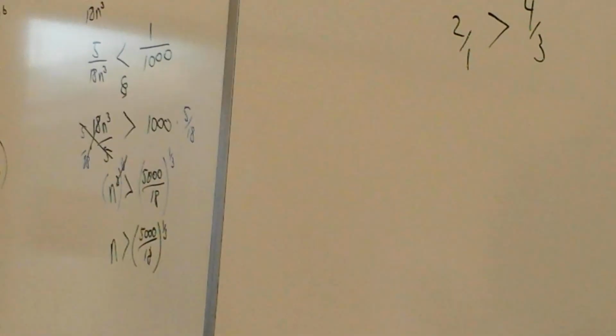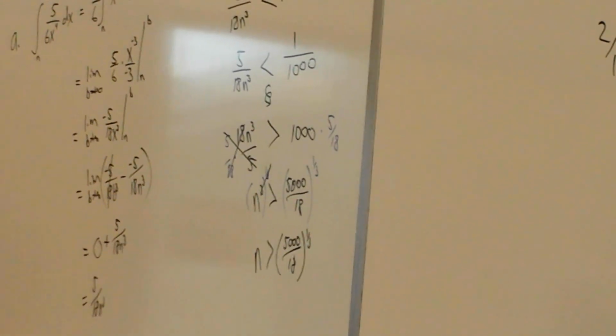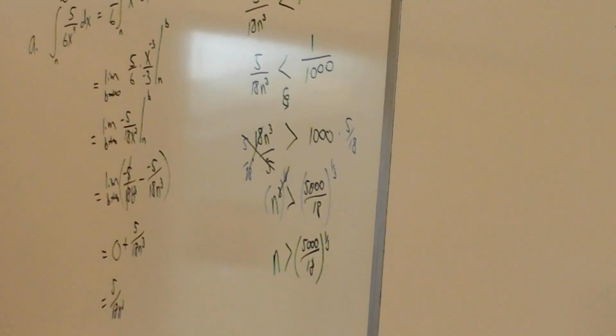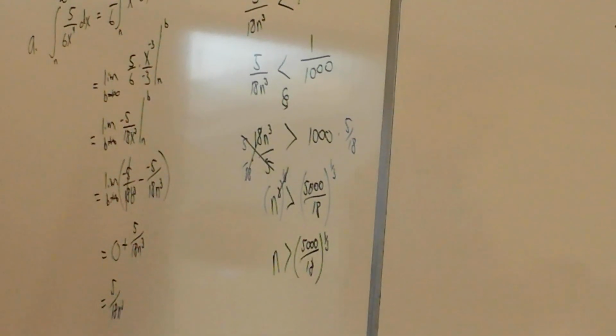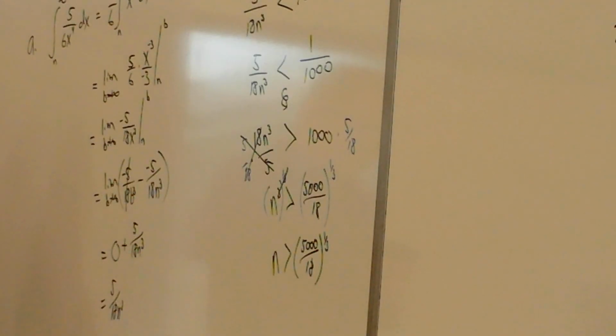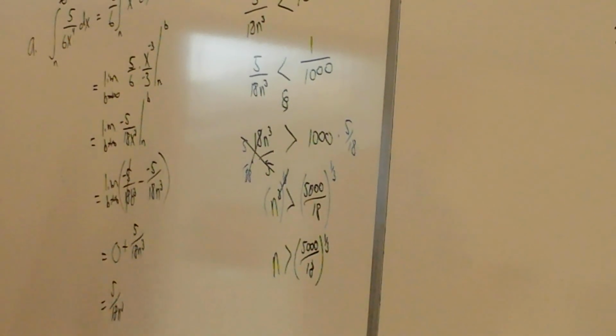Okay, so in my calculator, I'm doing parenthesis 5,000 divided by 18 in the parenthesis. Now I'm doing the exponent key and a new set of parentheses. In those I'm doing 1 divided by 3, equals. I get 6.52477.